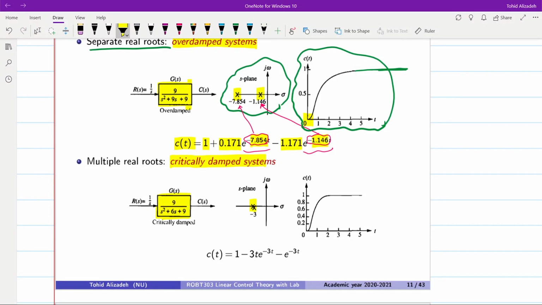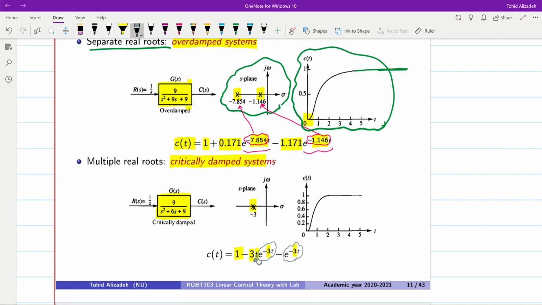The terms that we have for the step response are in the form of 1 minus a coefficient times t e to the power of minus 3t, minus e to the power of minus 3t. So the exponential terms both are in a similar form, e to the power of minus 3t, but one of them is multiplied by t. That's why it is different than the previous case.